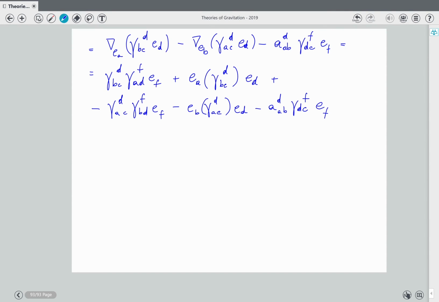So these are vector fields. But since they have two indices and they are A and B, and they are anti-symmetric, let us multiply again by EA wedge EB divided by 2. And this will become a two-form times a two-form and a vector. So we obtain this object.